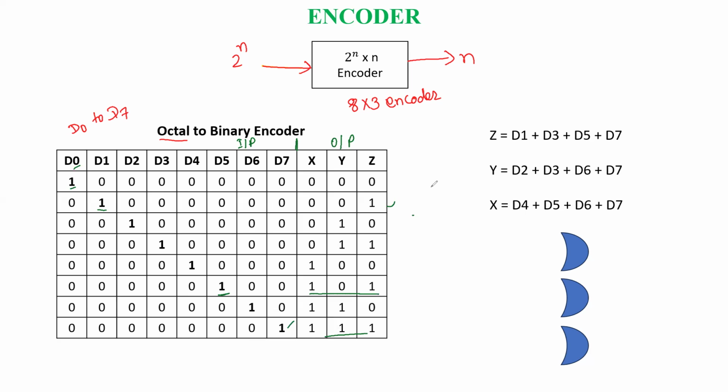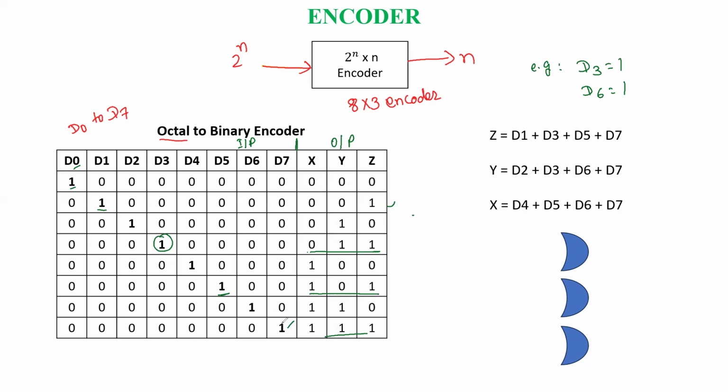Suppose at a time more than one input is high, then what will happen? Then it will produce undefined combinations. For example, if at the same time D3 is 1 and D6 is also 1. Generally, if only D3 is 1, the combination should be 0, 1, 1.